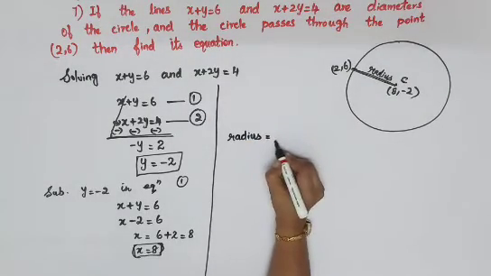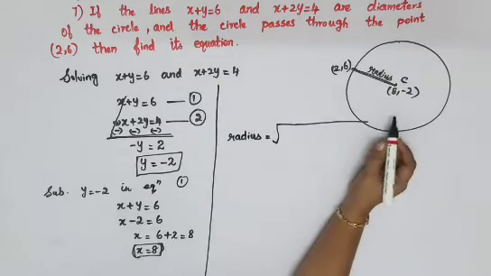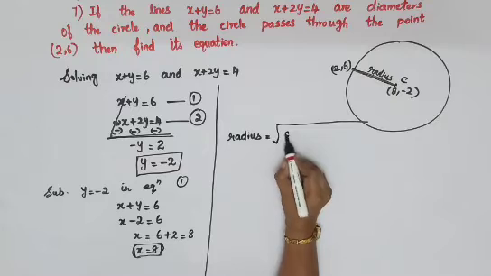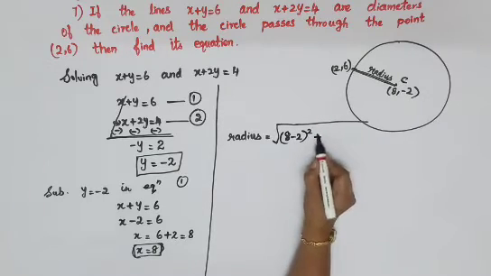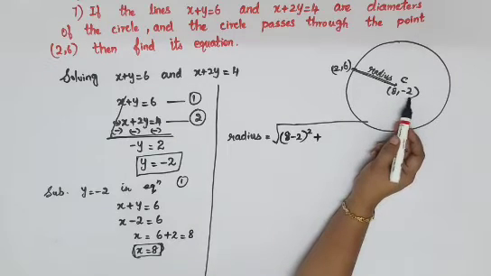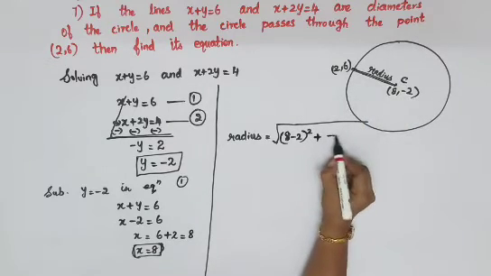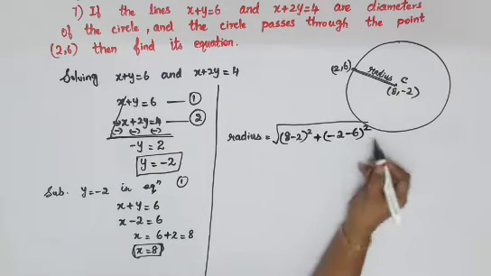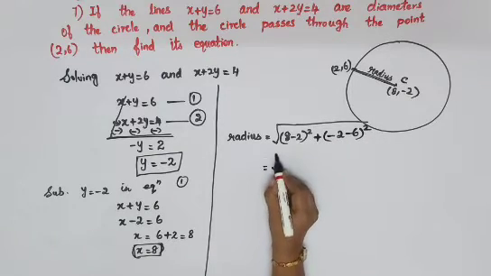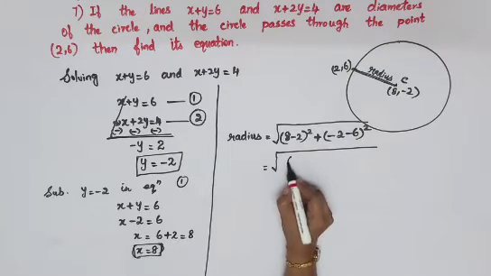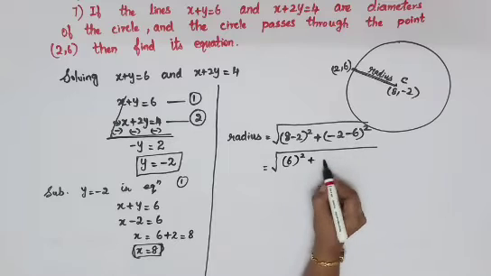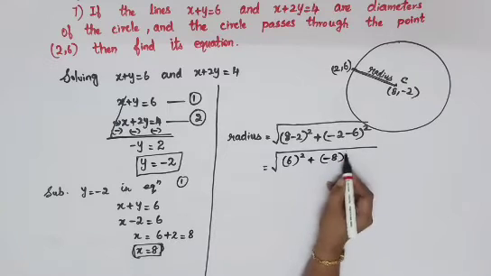So radius is equal to, you all know your distance formula, root of x2 minus x1 the whole square, so 8 minus 2 the whole square, plus y2 minus y1, so minus 2 minus 6 the whole square. Solving, root of 8 minus 2 you will get 6 square, plus minus 2 minus 6 you will get minus 8 the whole square.